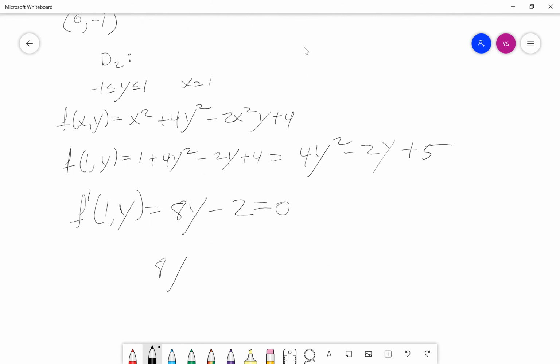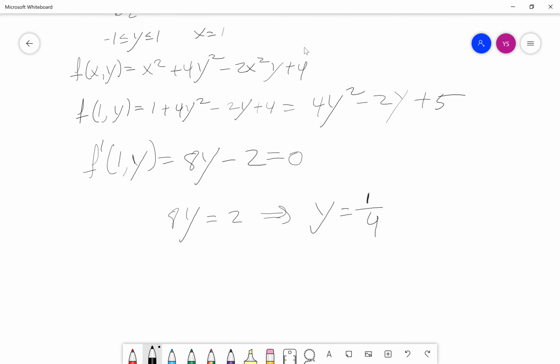So that's 8y is equal to 2, which tells us that y is equal to 1/4. So we're given another critical point, 1/4. Does that make sense?